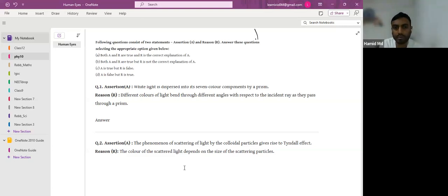Okay. So it is being said that it is because of a scattering of light. The color of a scattered light depends upon the size of a scattered particle, whether this is true or not.